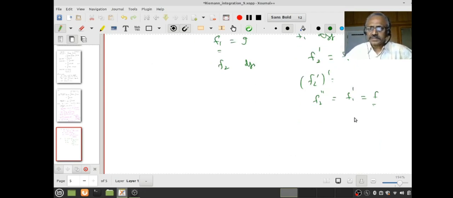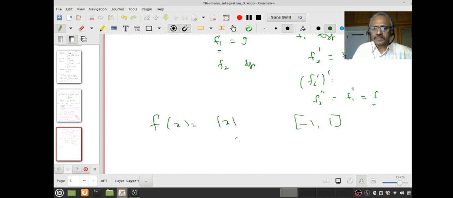Do you understand this? As a kind of amusing exercise, let's look at f of x equal to mod x on the interval -1 to +1. This is continuous. You also know it's not differentiable at the origin, right? But then let us look at f1, the indefinite integral. You can compute, that is going to be continuously differentiable.